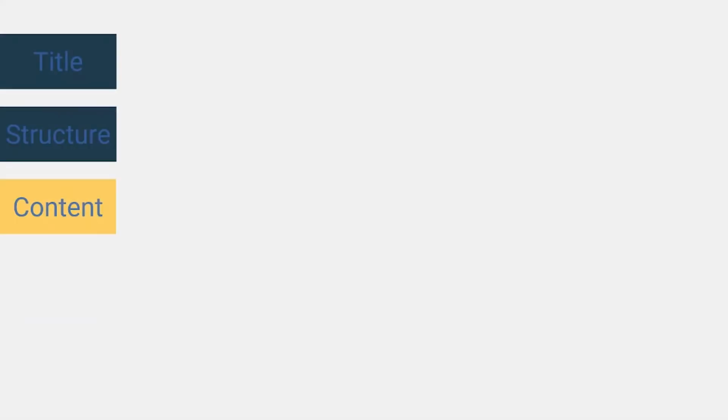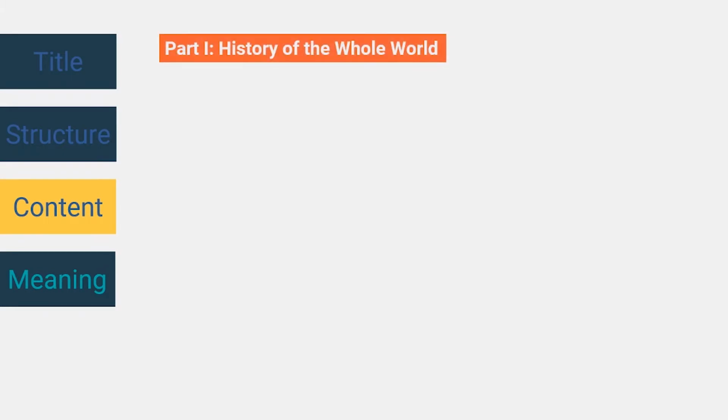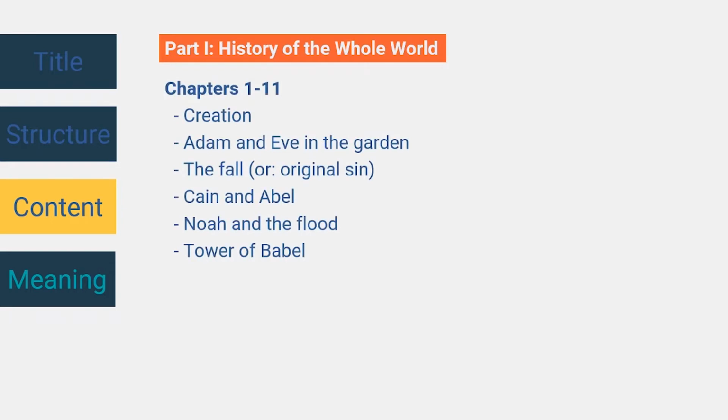As for the content of Genesis, the book can be easily divided in two main parts. The first part consists of the first 11 chapters, and this deals with the history of the whole world. From creation to Adam and Eve in the garden, then the fall, or the original sin, followed by the story of Cain and Abel.